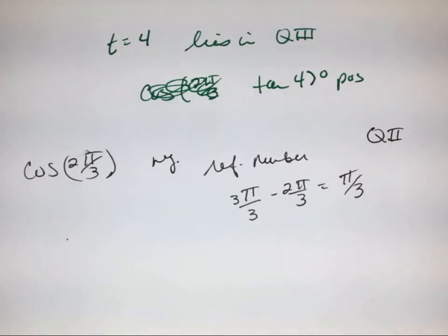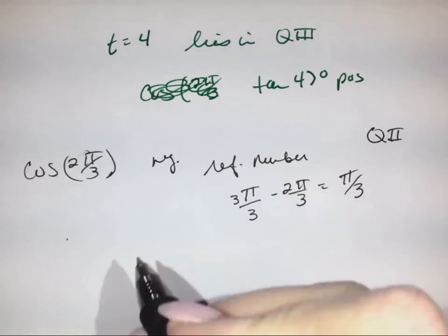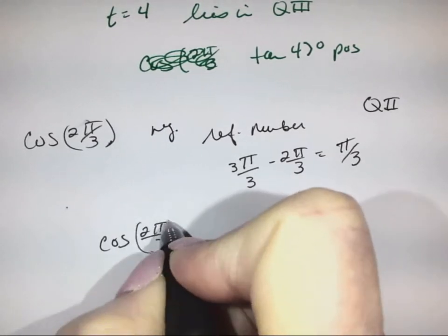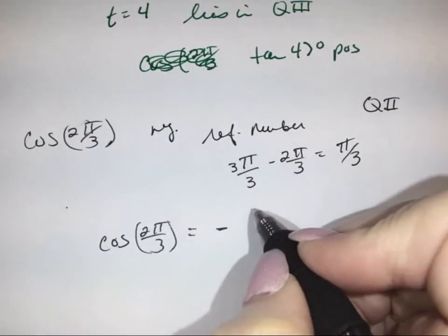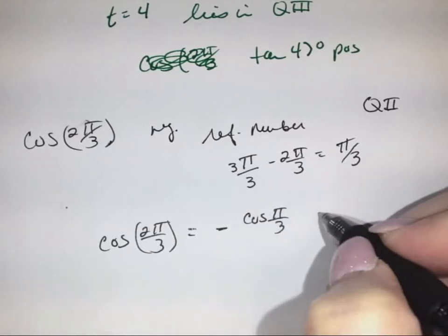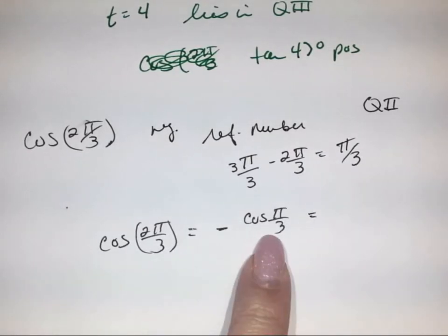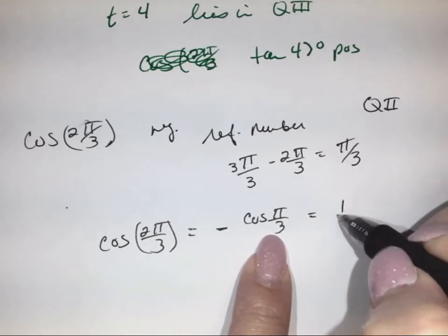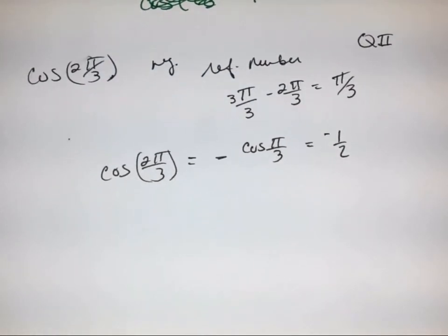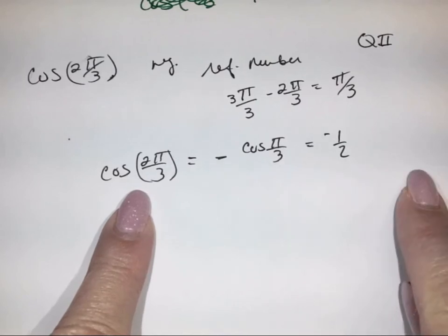So we can say that the cosine of 2 pi over 3 is equal to the negative of cosine of pi over 3. And if we know our terminal point at pi over 3, the x value is 1/2, so it'll be negative 1/2. We're just understanding how they connect.